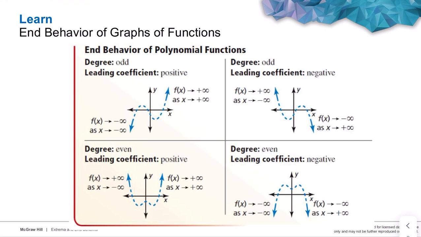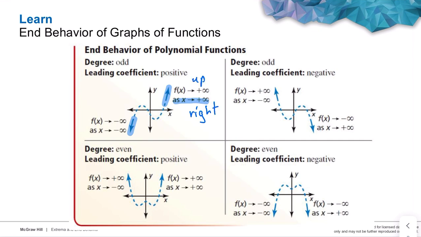Now for end behavior. End behavior is exactly what it sounds like. You're looking for what the graph is doing as it gets to either end of the function. So you're essentially looking for the arrows. So if you notice the arrows here, as the x value is increasing, okay, so as x is going to positive infinity, this means as it goes to the right, the arrow is going up.